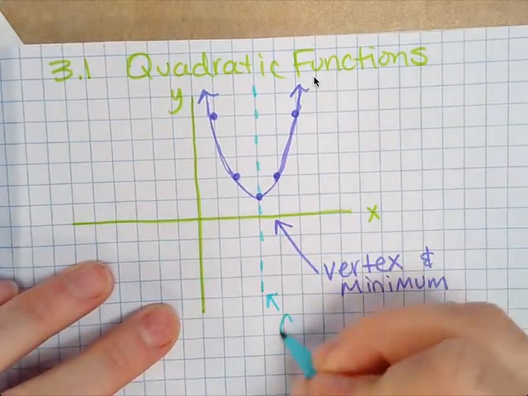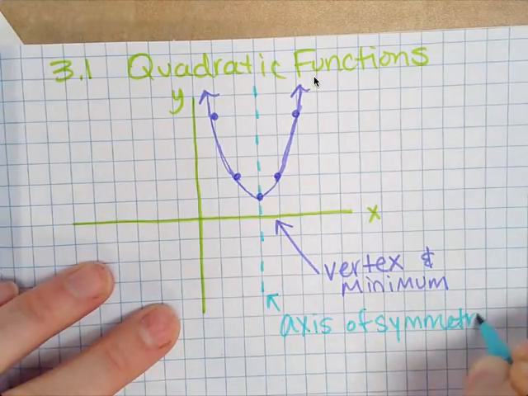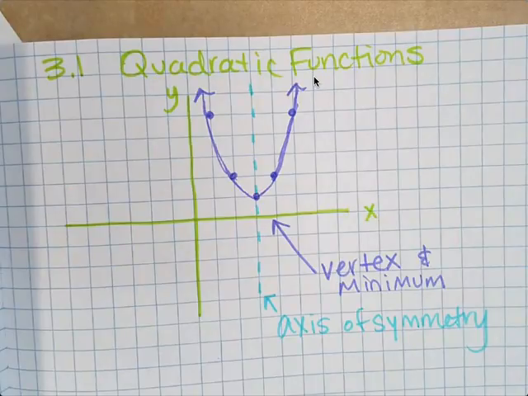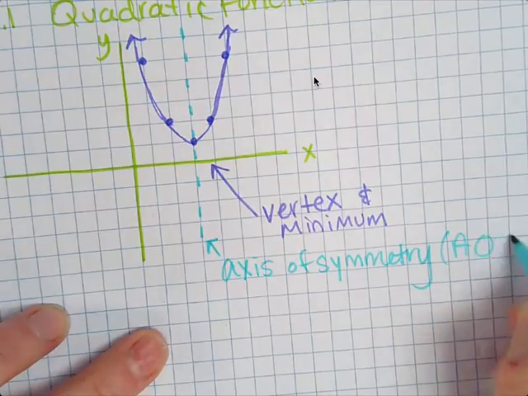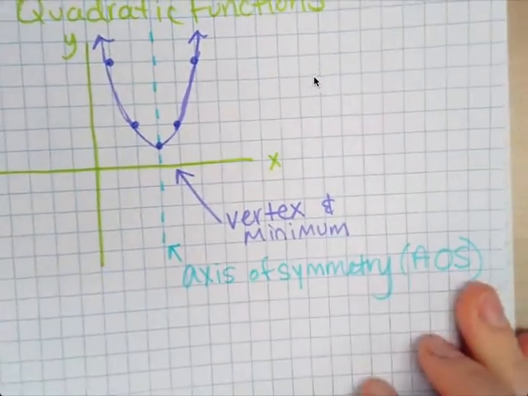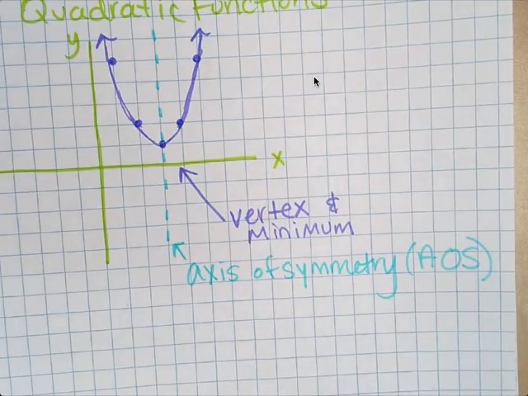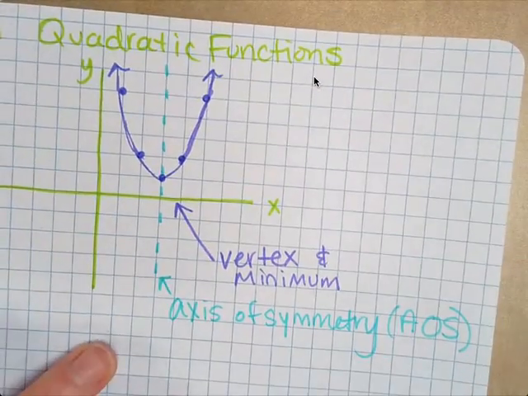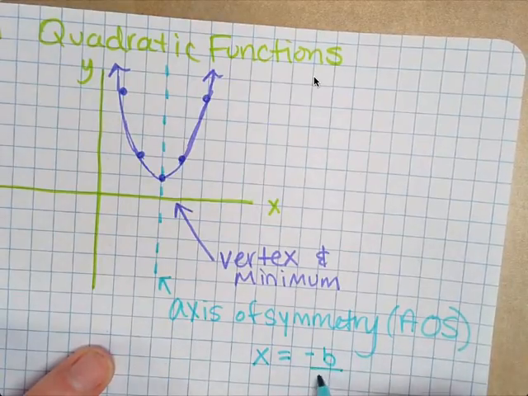So this is called your axis of symmetry. And I'll usually abbreviate it with AOS, axis of symmetry. And our axis of symmetry is a vertical line, so it has an undefined slope. And the way you find it is x equals negative b over 2a.